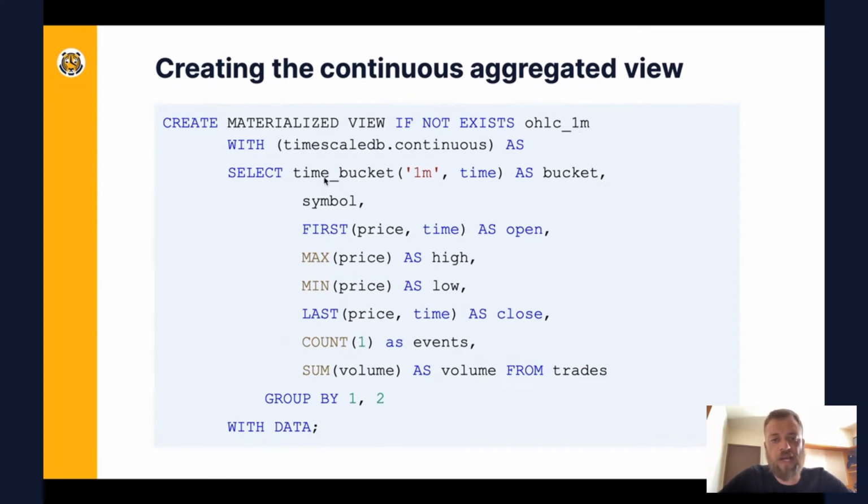We break down the time into 1 minute buckets, with symbol, first price, max as the high, and min as the low for price. Then we can also count the number of events and sum the volume, to say, well, in this minute we have several transactions.